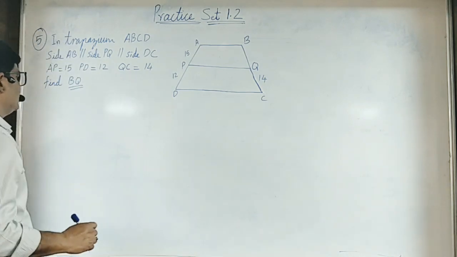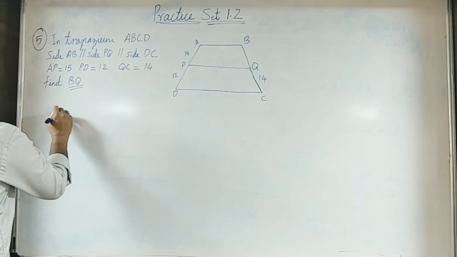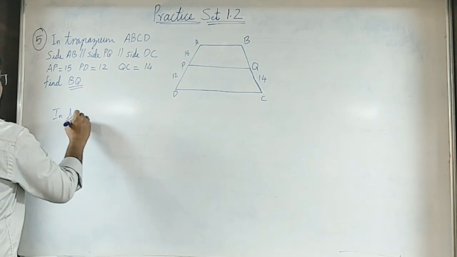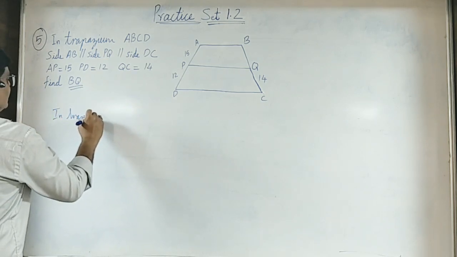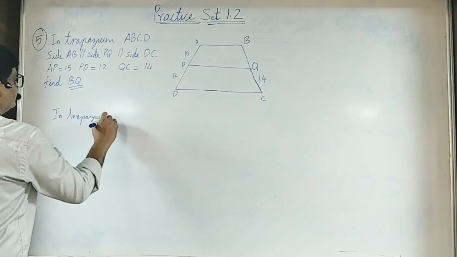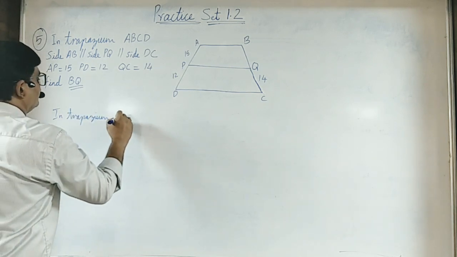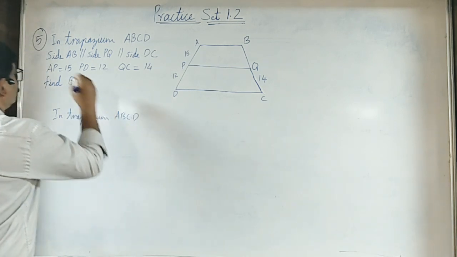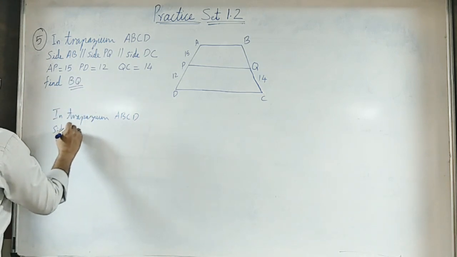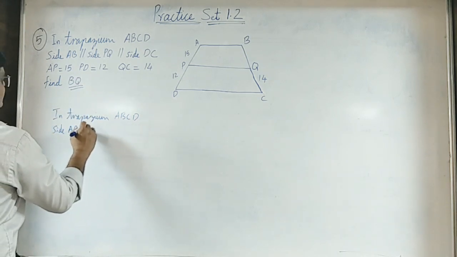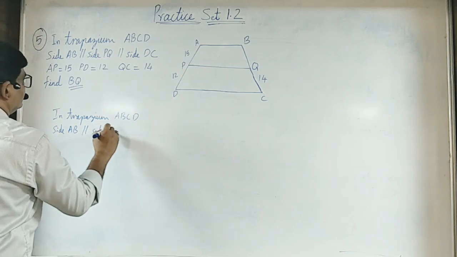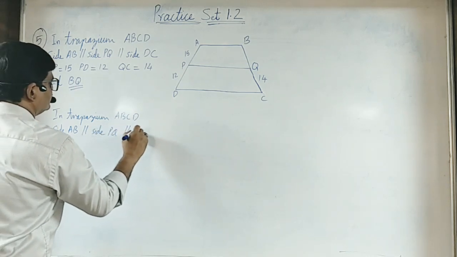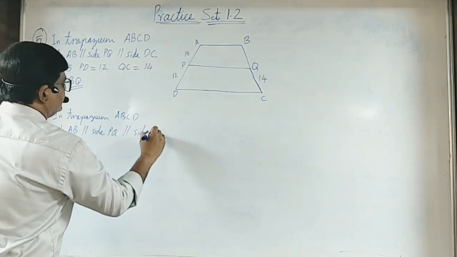You have to start by writing: in trapezium ABCD, they have given side AB parallel to side PQ parallel to side DC.